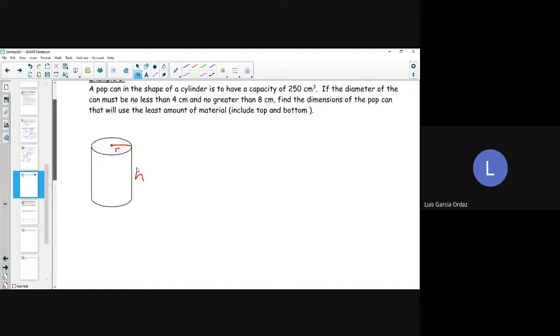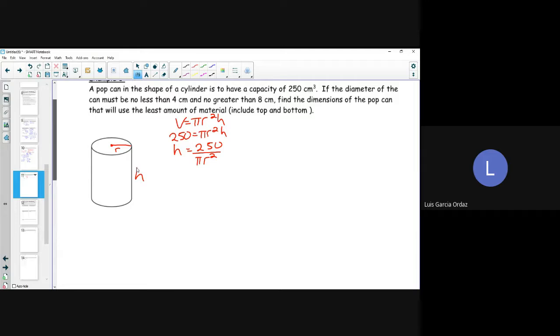Yep, so its volume is equal to pi r squared h. So you know my volume is 250. So we can isolate for h, and we get h is equal to 250 divided by pi r squared.